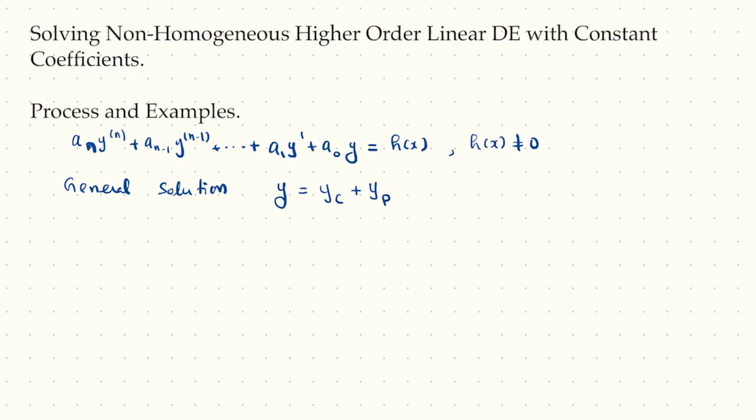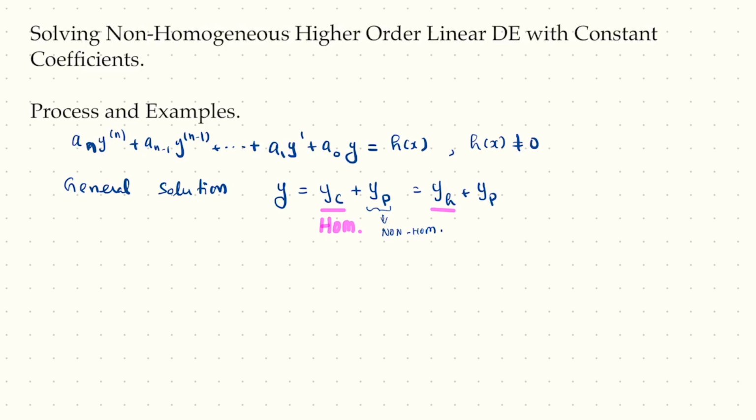In some books, you might see this as yh plus yp, and this yc is basically the solution to the homogeneous problem. That's why you see the yh in there, right? This yp is a solution that comes out of the non-homogeneous part. So the solution has two components, yc and yp.